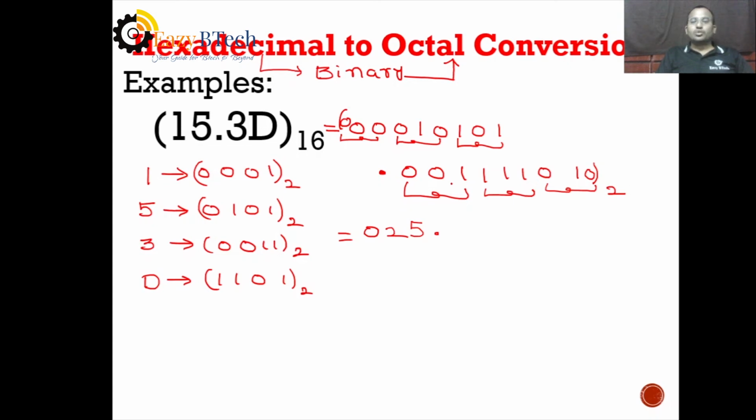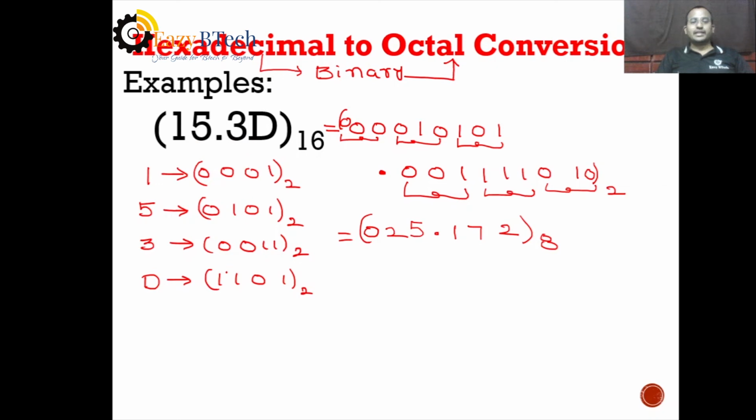Then 001 means 1, 111 means 7, and again 010 means 2. So this is the octal equivalent for the given hexadecimal number 15.3D. The corresponding octal equivalent is 25.172, right?